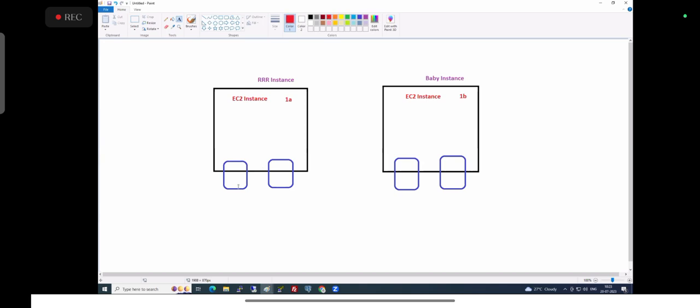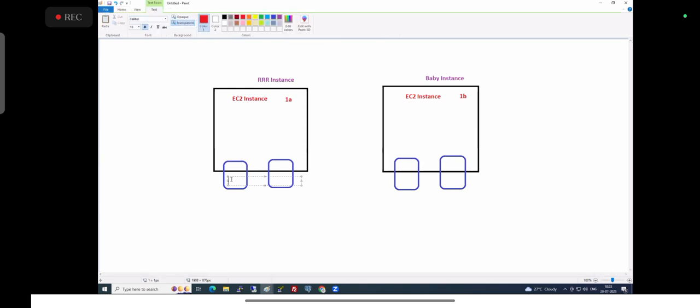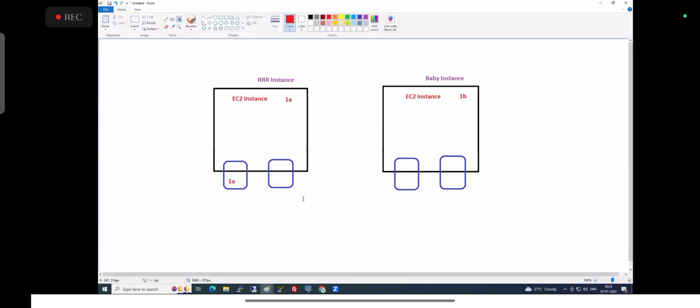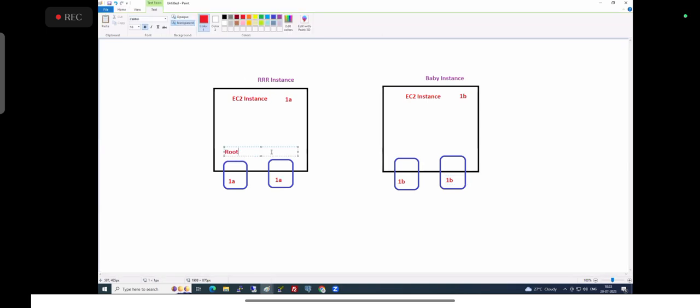This is your root volume. So this volume is in which availability zone? 1A. This is also in 1A. This one 1B and this one 1B. So this is the root and this is additional.